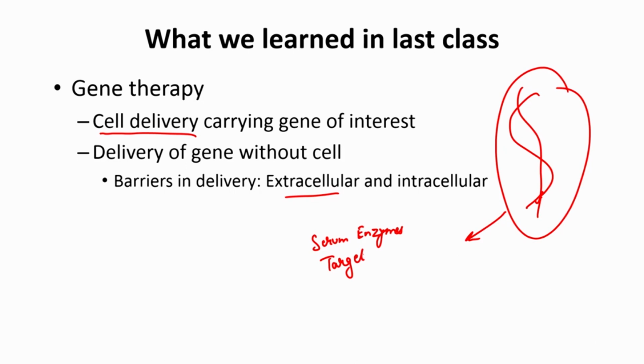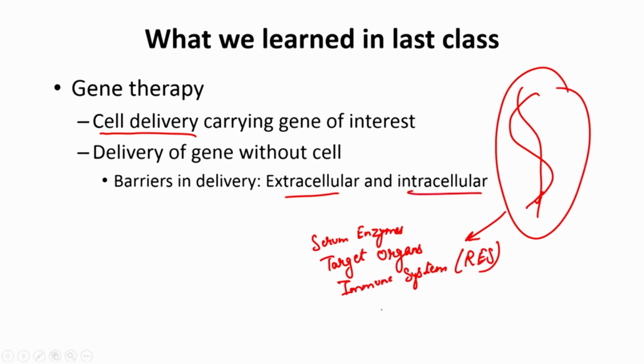Let us say you want the expression to be in the lungs; it is difficult for all the DNA to actually go to the lung. The immune system, or you can also call it the reticuloendothelial system, will clear out quite a bit of it. And then there are several intracellular barriers again.